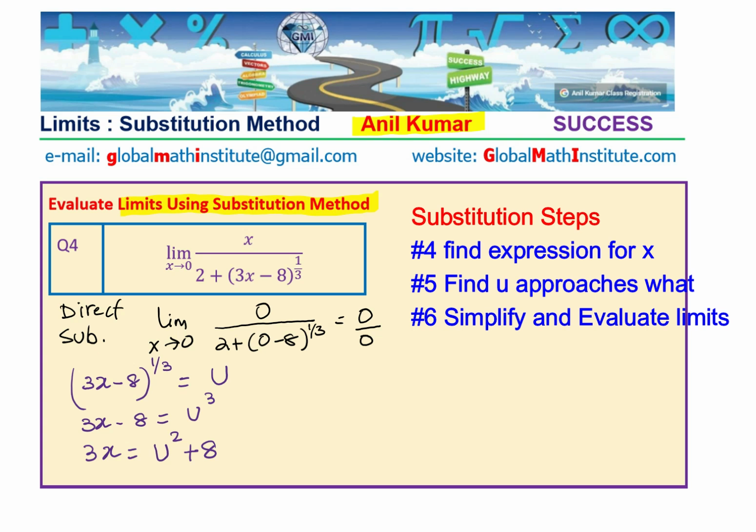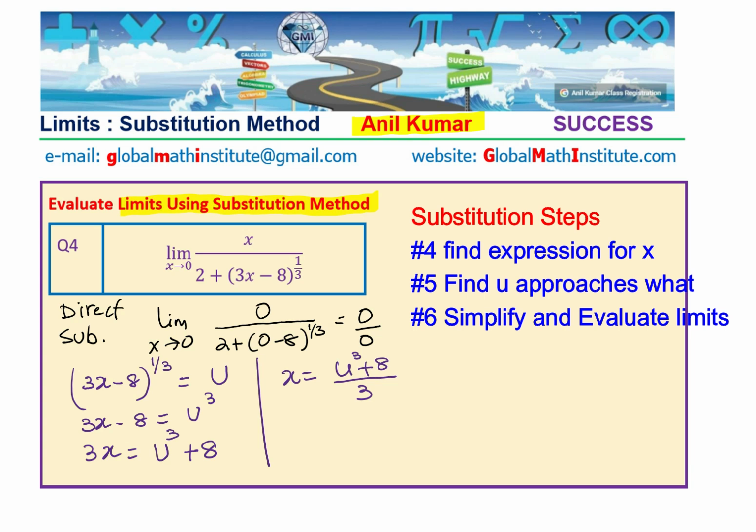So let's write x equals u cube plus 8 over 3. That is one part of the substitution. We could write that cube root as u and x as u cube plus 8 over 3.